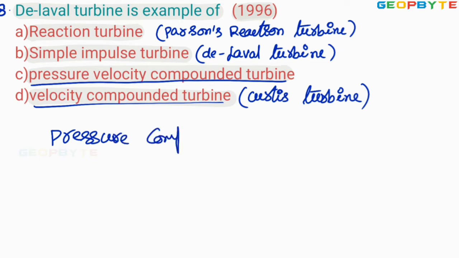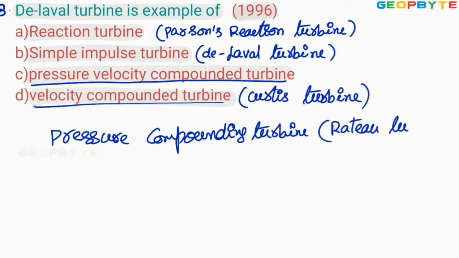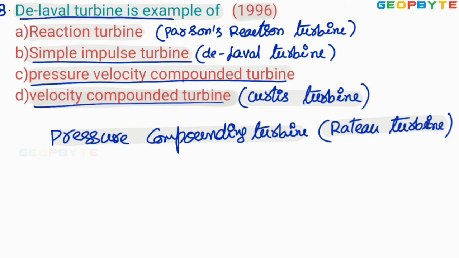Pressure compounding turbine is called Rateau turbine. Rateau turbine is the pressure compounded steam turbine. Curtis turbine is the velocity compounded steam turbine. Anyhow, the De Laval turbine is the simple impulse turbine. Therefore, option B is absolutely correct. I hope you got my point. Let us take the next problem.